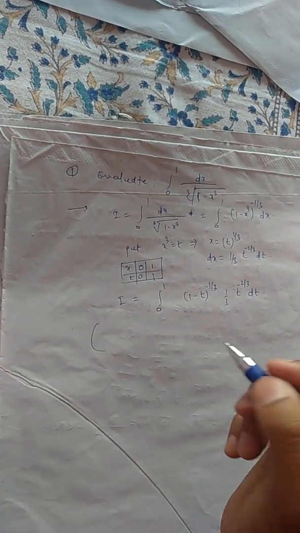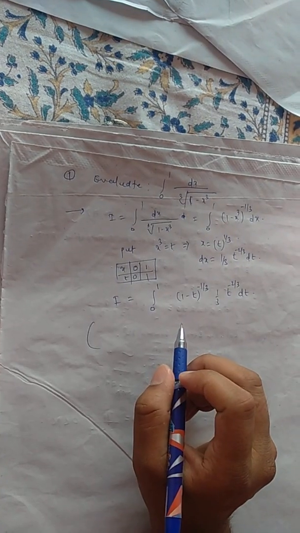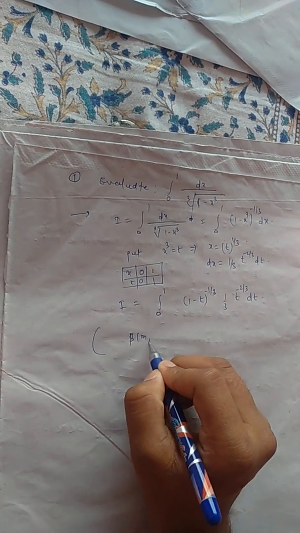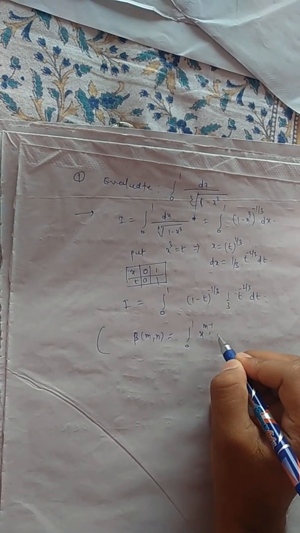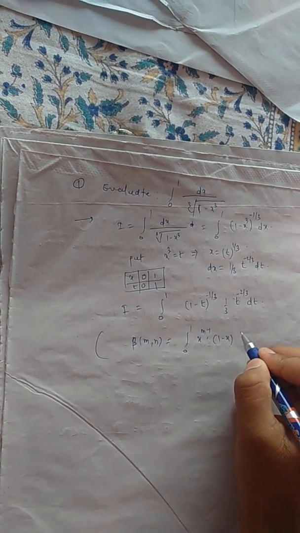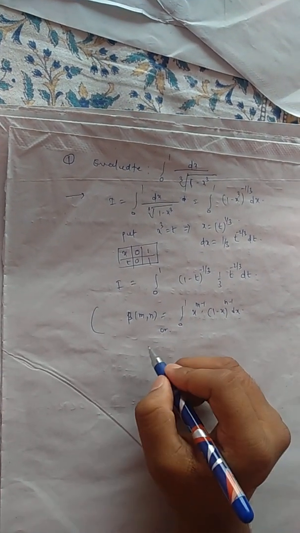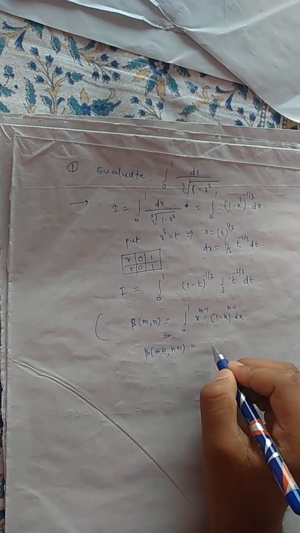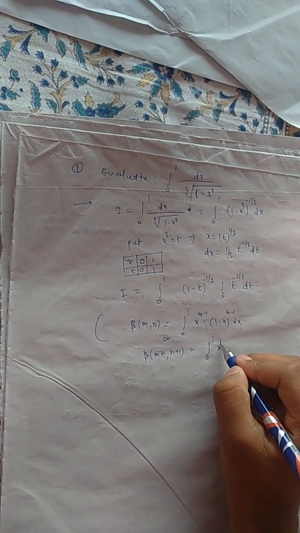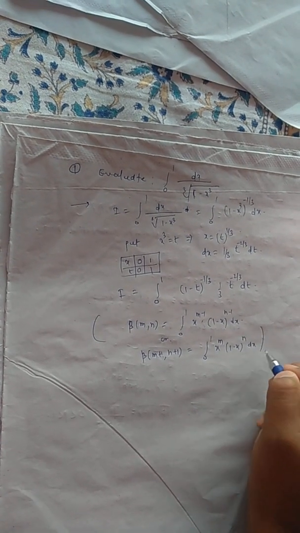there is a definition of beta function, that is, beta(m, n) is equal to integration 0 to 1 of x raised to m minus 1, (1 minus x) raised to n minus 1 dx, and which can be written as beta(m plus 1, n plus 1), which is equal to 0 to 1 of x raised to m, (1 minus x) raised to n dx.